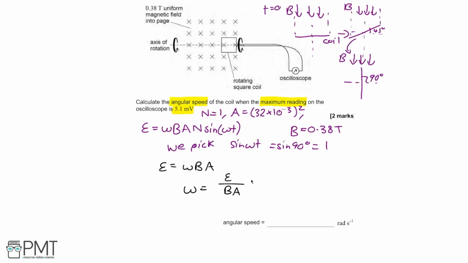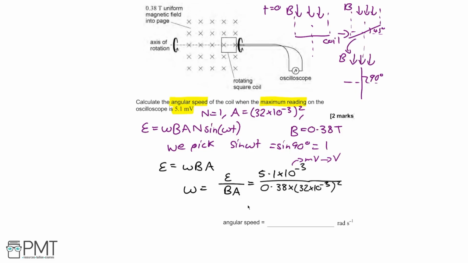Then substituting in the value of epsilon, which is 5.1 times 10 to the minus 3, which comes from converting millivolts to volts, and then we divide by 0.38 multiplied by the size of the area, which is 32 times 10 to the minus 3, all squared, for the same reasons as before.